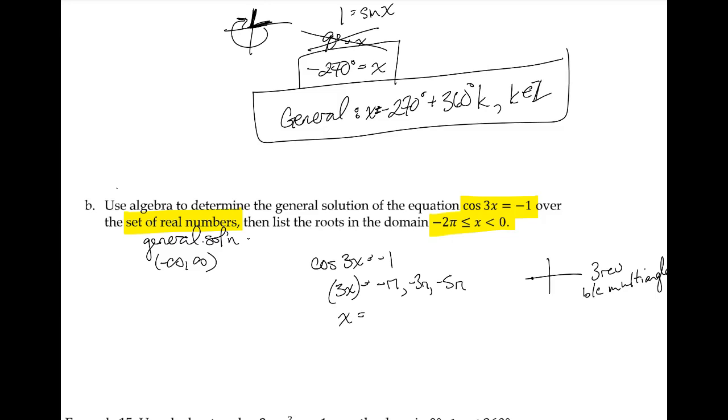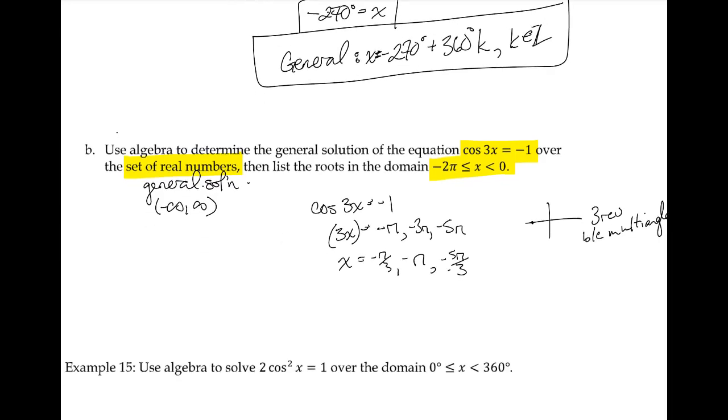And so x would be negative pi over 3, negative 3 pi over 3, which would also be just negative pi, and negative 5 pi over 3. And again, this all fits into the domain that I was originally given.